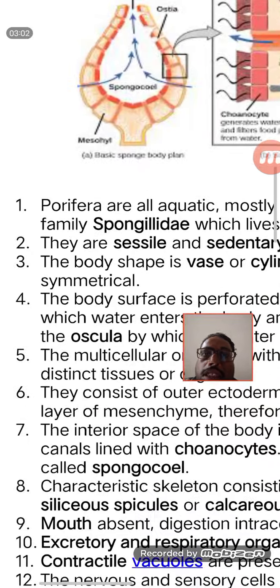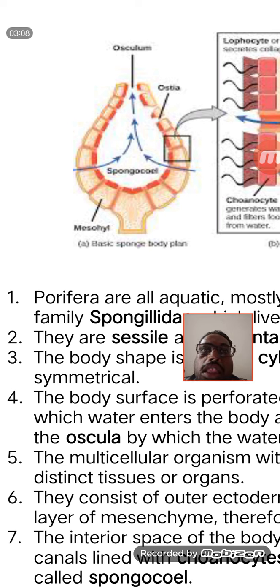I am just zooming it. You can see the ostia, that means the small pores on the surface. Water enters, and the empty cavity inside is known as the spongocoel, and the water exits through the osculum. So that is the meaning.